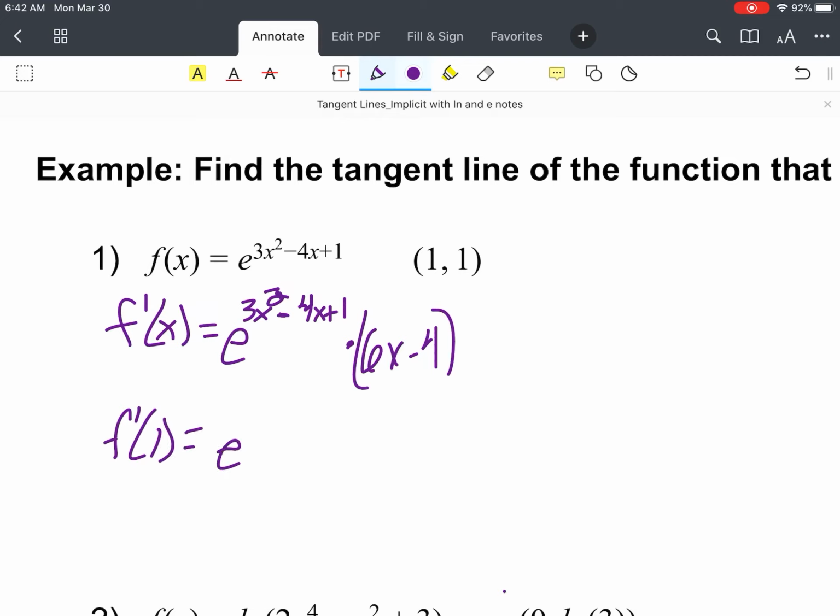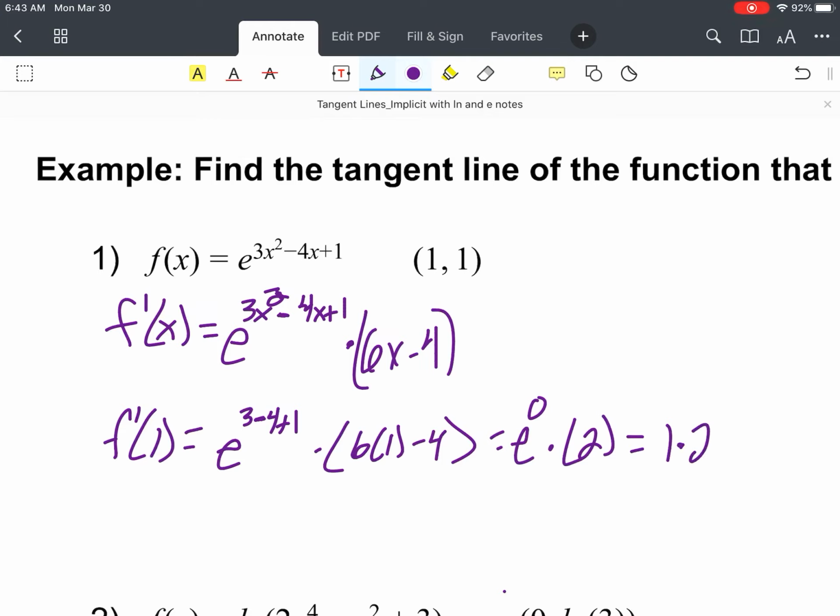So then if I want to plug in my value to get my slope, f prime of 1 is going to be e to the third minus 4 plus 1 times 6 times 1 minus 4. All right, so that's going to be e to the 0 times 2. Well, if you remember, anything to the 0 power is 1.